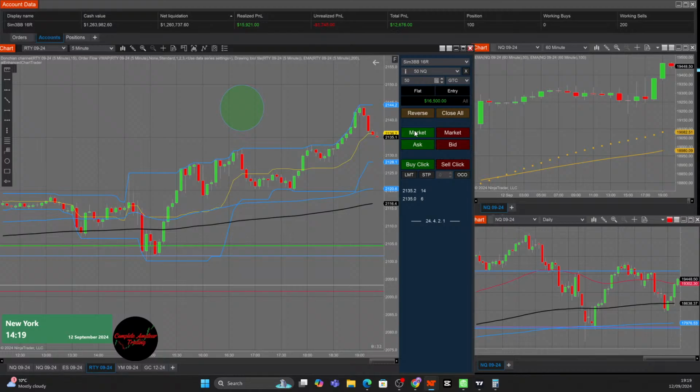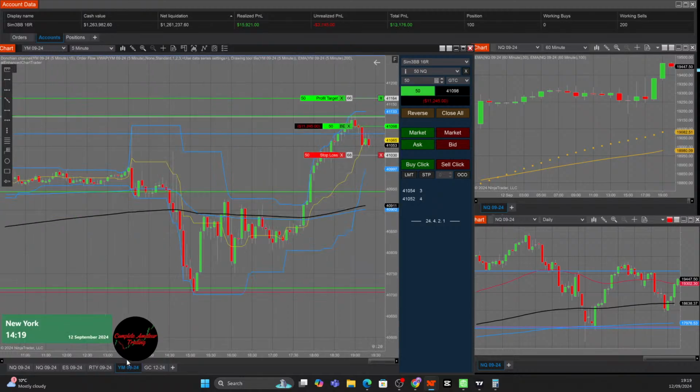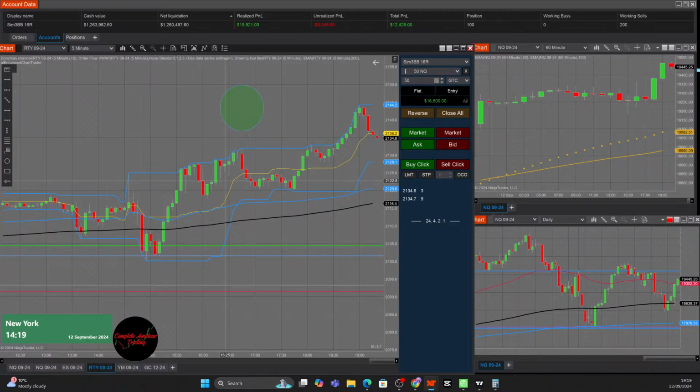I don't want to see the candle making new lows in the final 30 seconds. Definitely seems like the YM's going to get to stop. Let's see. So no pullback long on RTY.